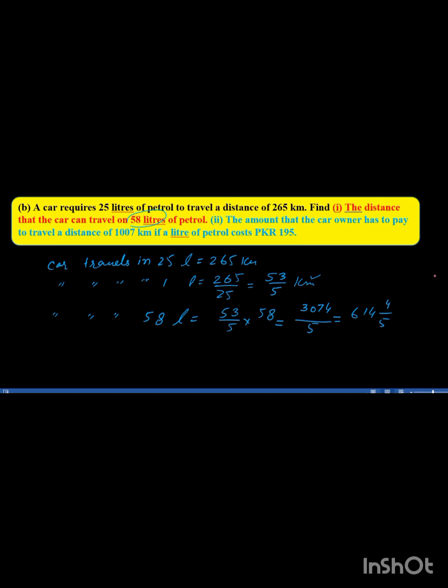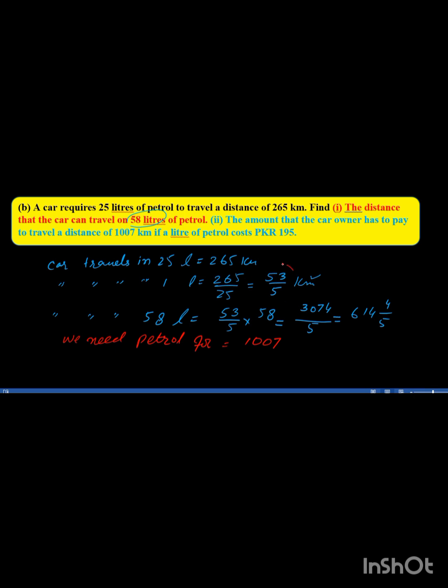So come to the second part of this question. What is the second part of this question? The amount that the car owner has to pay to travel a distance of 1007 kilometers if a liter of petrol costs PKR. Means first we have to find the required petrol, how many liters he requires to travel the distance of 1007 kilometers.